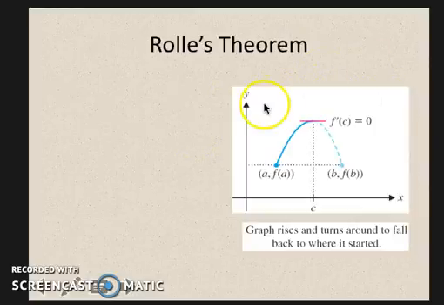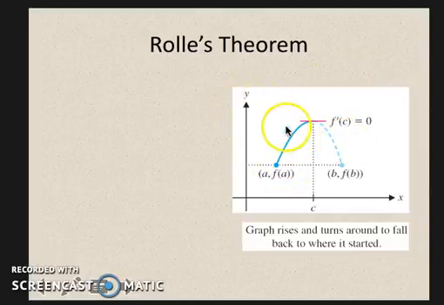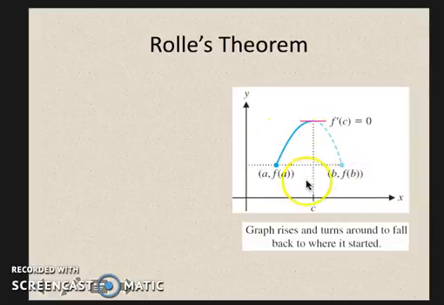Let's see this. Here the graph is rising, turns around and falls down. This interval is a and b. f is continuous on the closed interval [a, b] and it is differentiable.